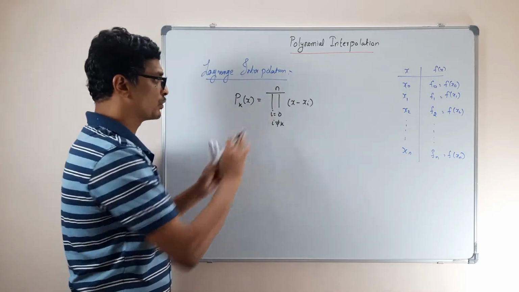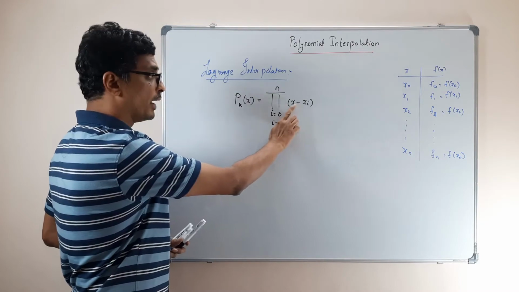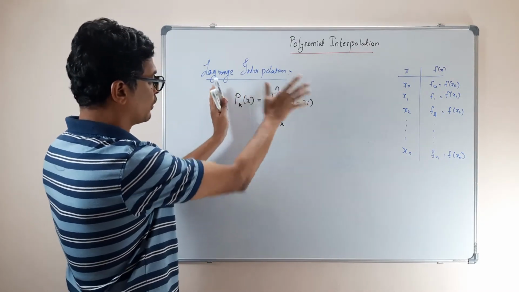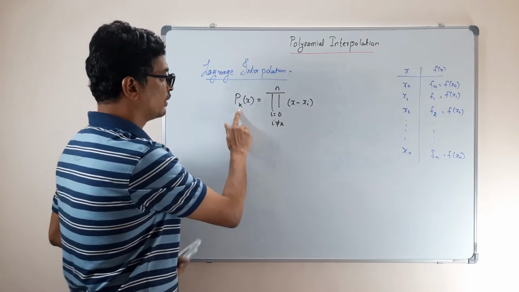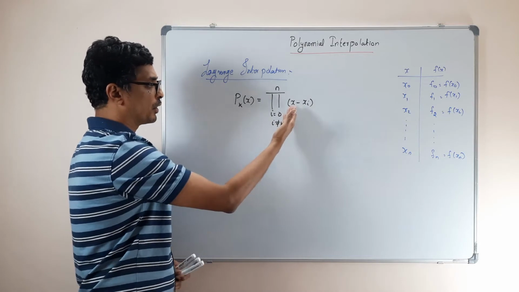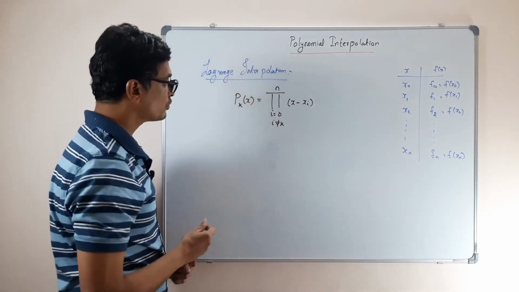For n plus 1 points, this will be an nth degree polynomial. k can take the values 0, 1, 2, 3, and for the point you take, the product goes over all i's except i equal to k.